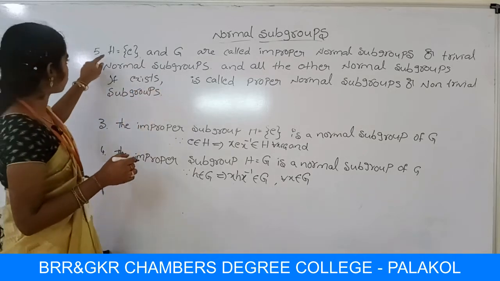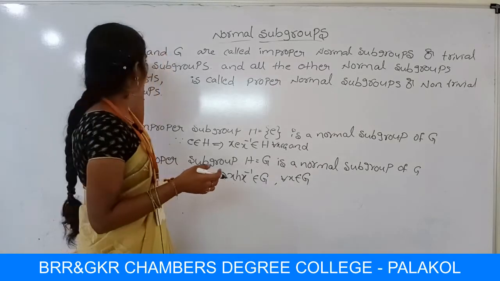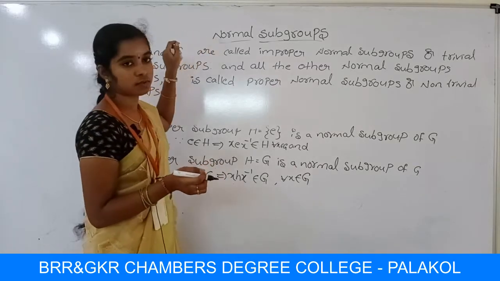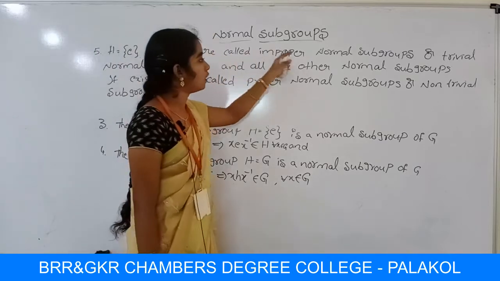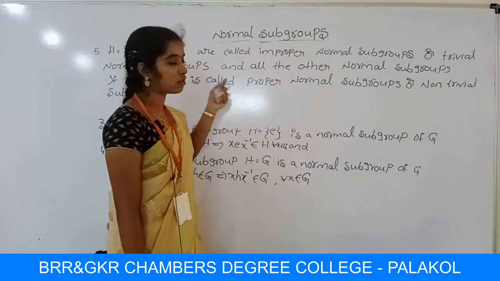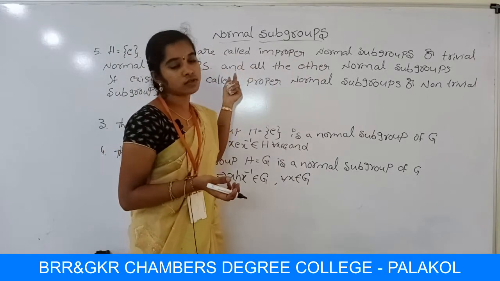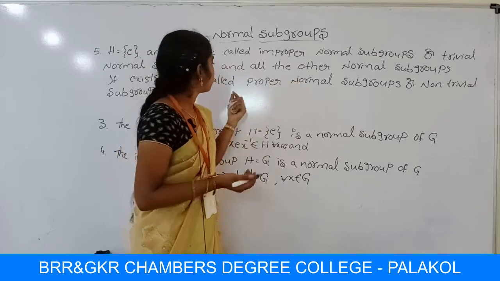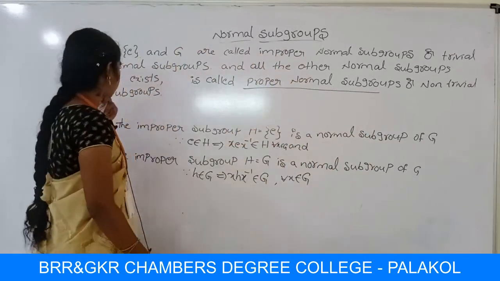So this is the fifth point. H equal to singleton E and Z are called improper normal subgroups or trivial normal subgroups, and all the other normal subgroups, if they exist, are called proper normal subgroups or non-trivial subgroups.